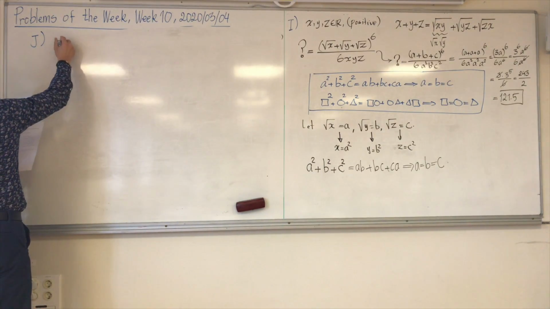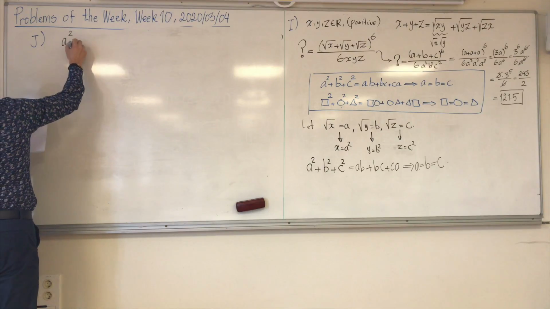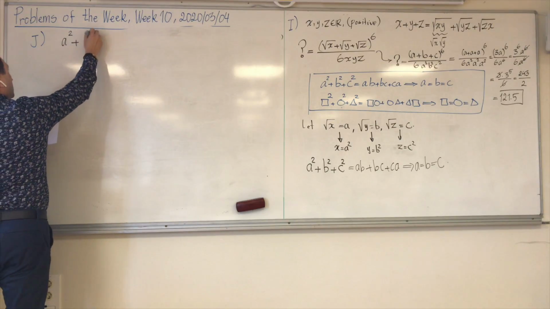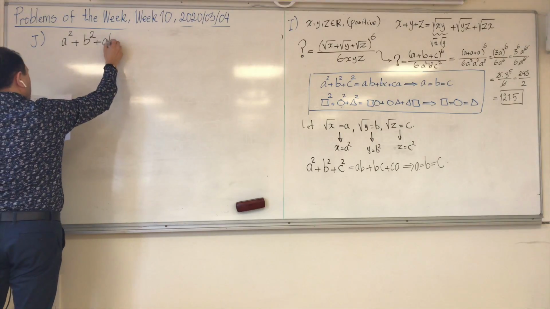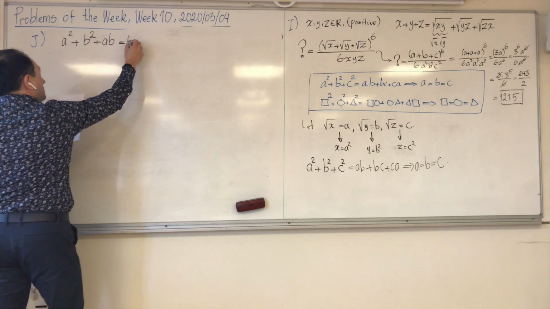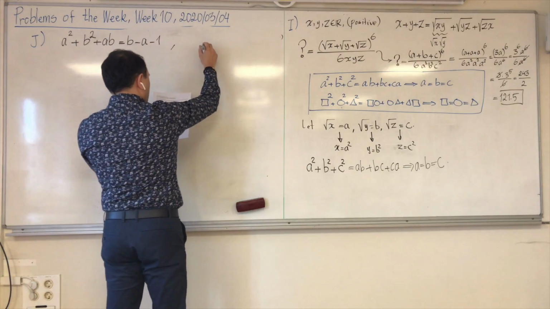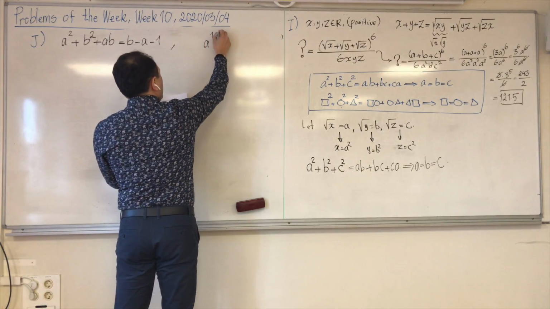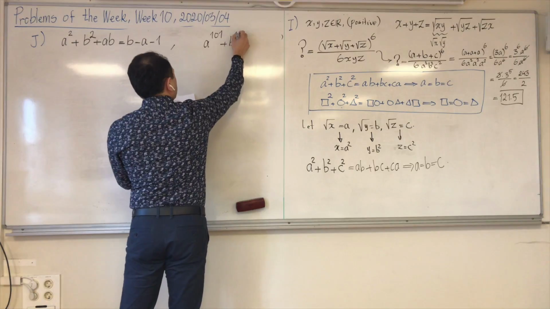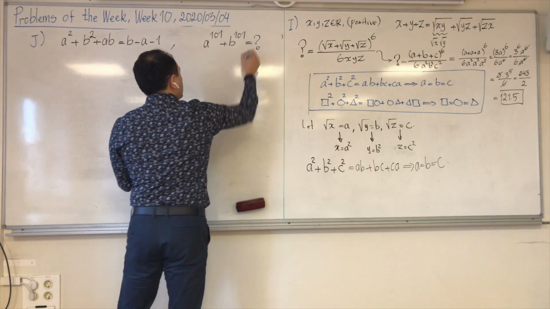The question tells you that a squared plus b squared plus ab is equal to b minus a minus 1. And I am supposed to calculate a to the power of 101 plus b to the 101. This is the question mark.